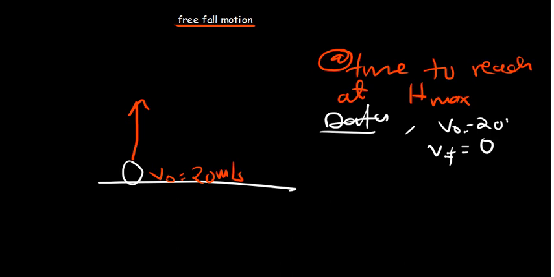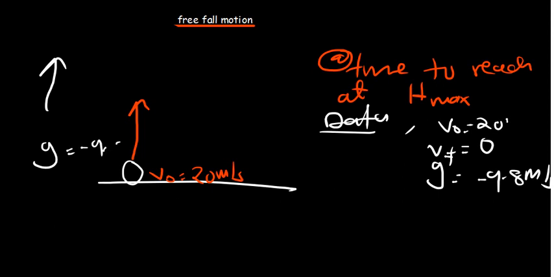Since it's going up, we can take our g as negative 9.8 meters per second squared.